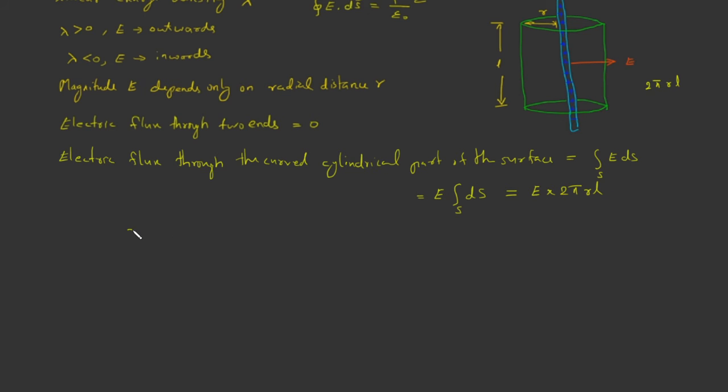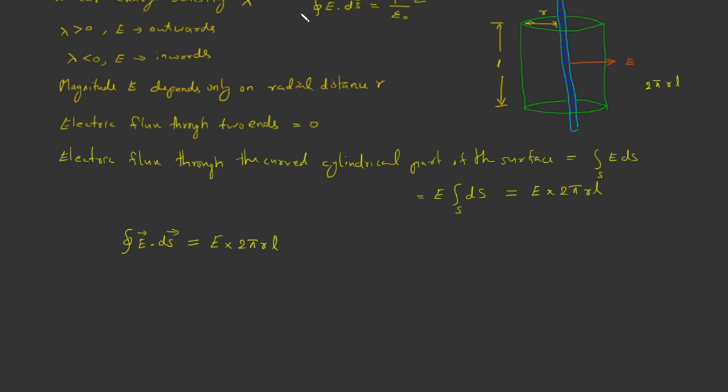Therefore, the electric flux through this closed Gaussian surface, that is closed integral E dot ds, is only the electric flux through the curved cylindrical part of the surface, and we already calculated it as E into 2 pi RL.